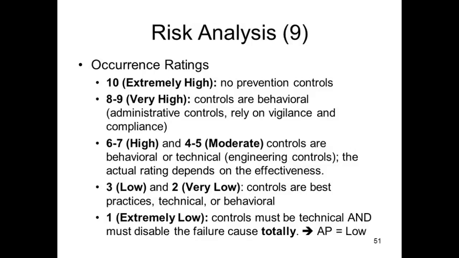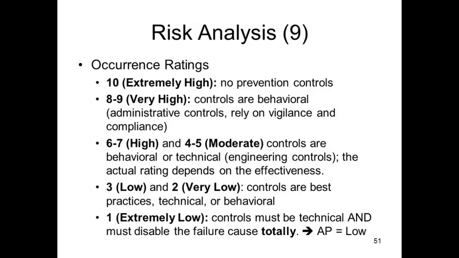Now what's significant about that is if we get a 1 occurrence rating, we get an action priority rating of low, and this is the first time I've seen a low action priority for a 10 severity rating.